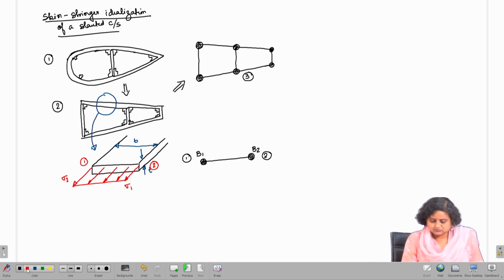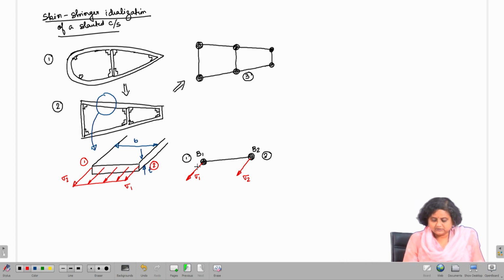So, there would be a concentrated stress which I can call sigma 1 bar and sigma 2 bar. And now, we have to equate this.